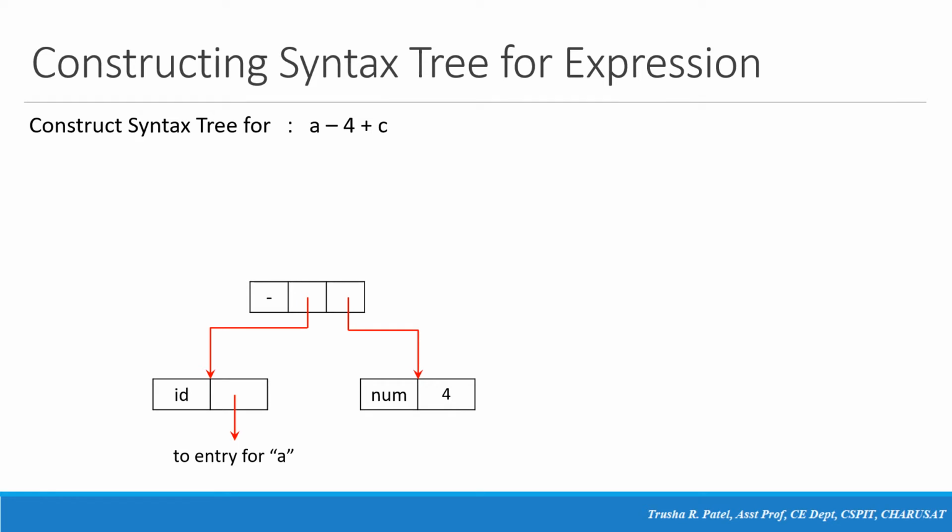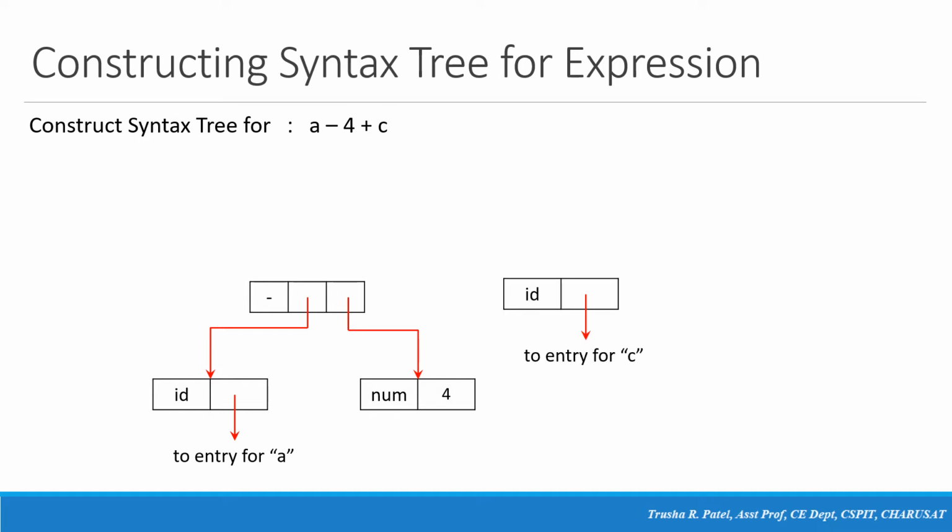Then one more node is created for the operator, which has 3 parts. First part is the operator itself. Second part is a pointer to the node of the left child. And third part is a pointer to the right child.